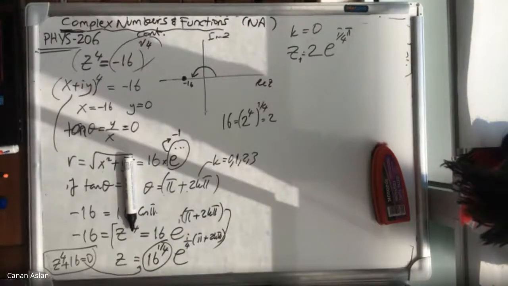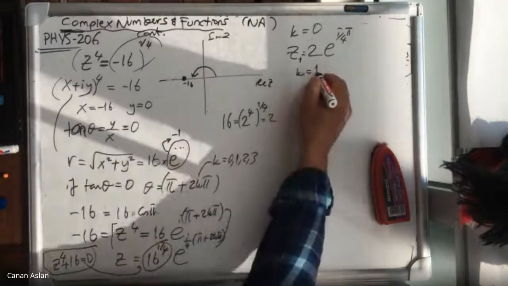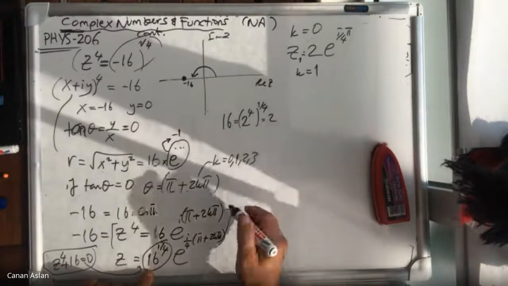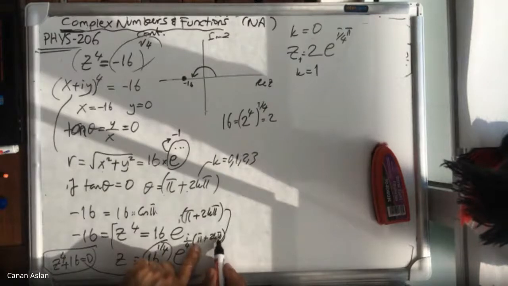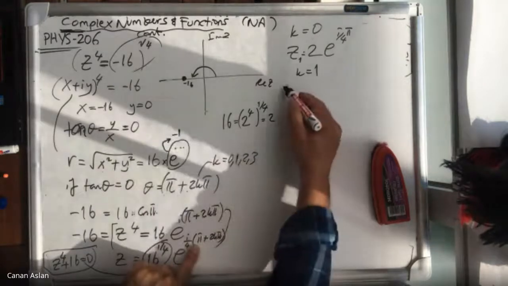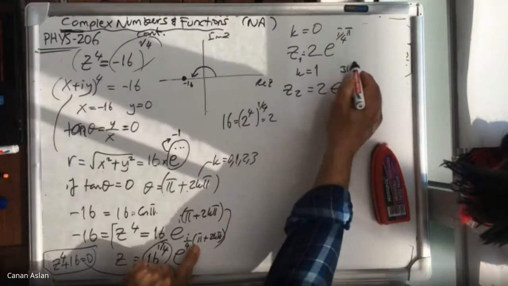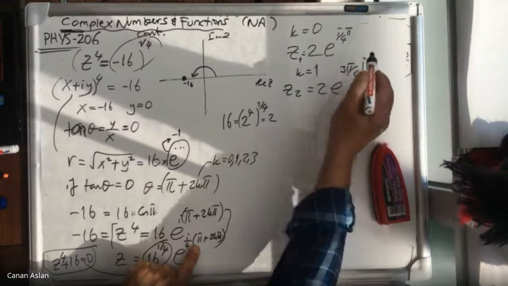Okay, so for k equals 1, we have to get this one here, so that pi plus 2 pi is 3 pi. So z2 is equal to 2 times e to the 3 pi over 4 i. Of course, there is i there.